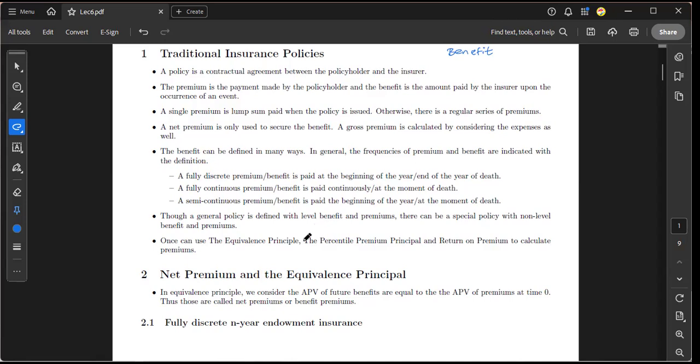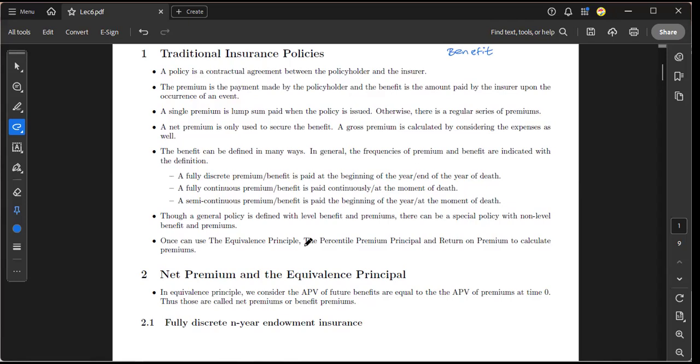Then, in a general policy, we have level benefits and level premiums. That means we assume that the benefits are equal no matter how or at what time they are being paid. That means you can expect $1 if the death occurs within the first year, and you can expect $1 if the death occurs after the first year.